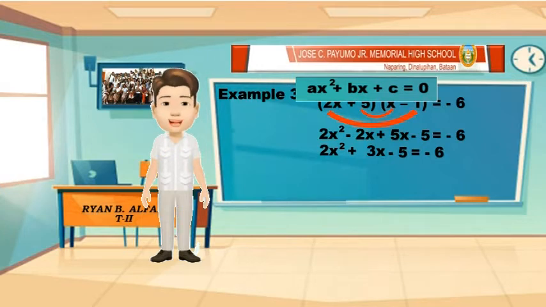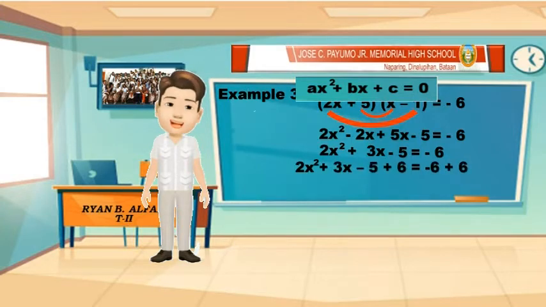Next, we have to eliminate negative 6 on the right side. What are we going to do? Very good. We're going to add 6 on both sides. So we will have 2x squared plus 3x minus 5 plus 6 is equal to negative 6 plus 6. So what is the answer on the left side? Combine negative 5 plus 6.